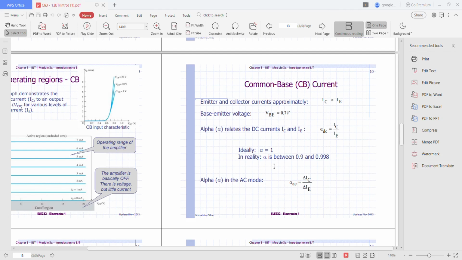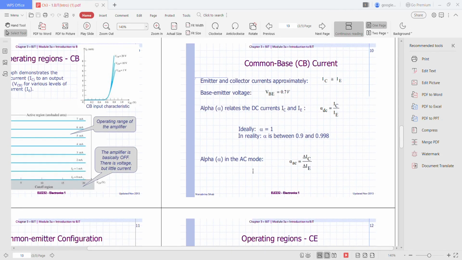But in reality, alpha is between 0.9 and 0.998. Now this is alpha in AC mode. Alpha AC equals delta IC over delta IE. Delta means difference, the difference of points in IC divided by the difference of points in IE.